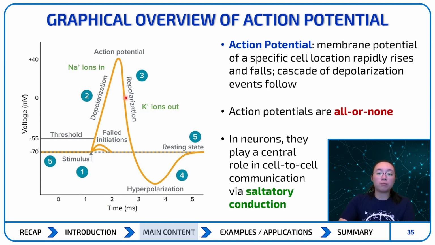In another millisecond, the potential then drops and overshoots to a potential of potentially negative 90 millivolts. And finally, there is a relaxation period where the hyperpolarization event dies down and the membrane potential goes back to its resting state. All of this in an action potential takes place within 4 to 5 milliseconds.